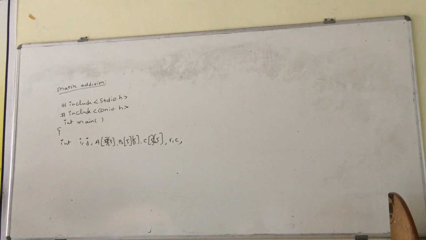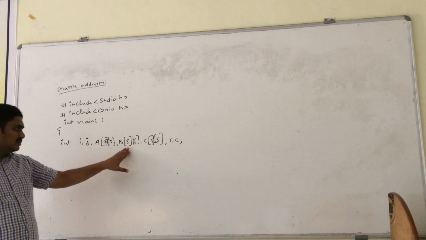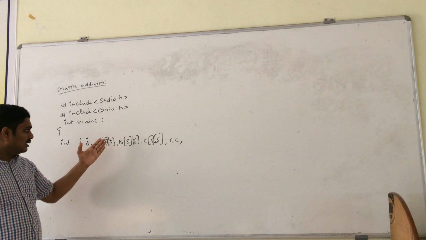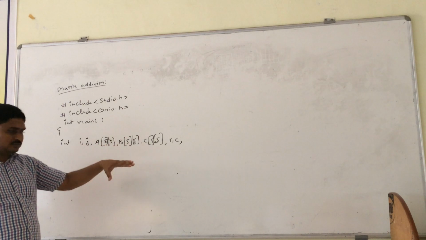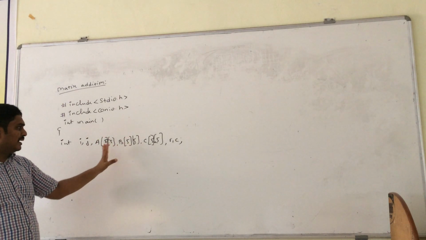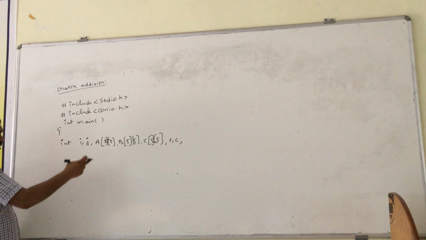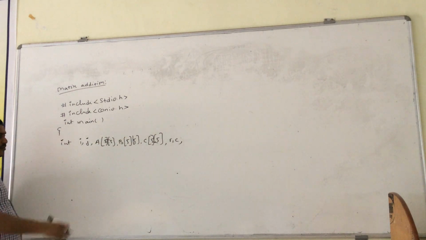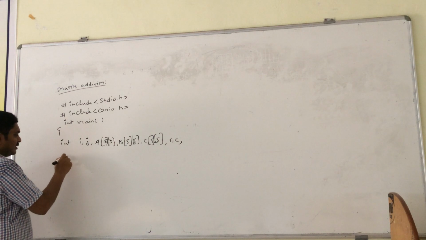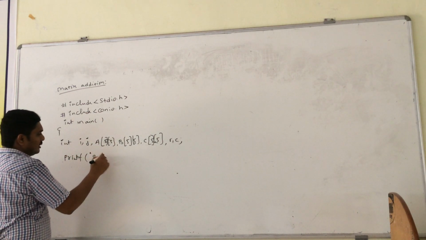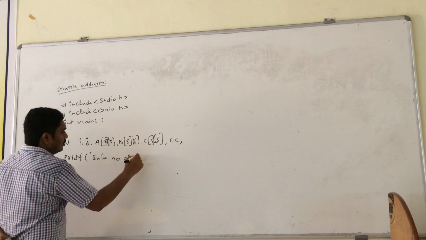These are the declarations. First, I am taking two matrices. The two matrices will be added and stored in another matrix C. So first I want to know the number of rows and number of columns in the 3 matrices. For this I am asking the user, printf enter number of rows.